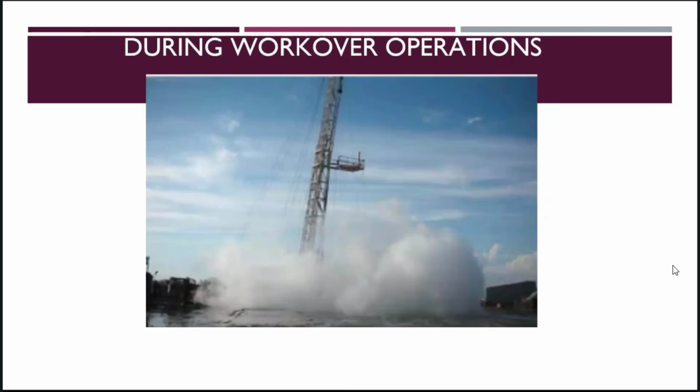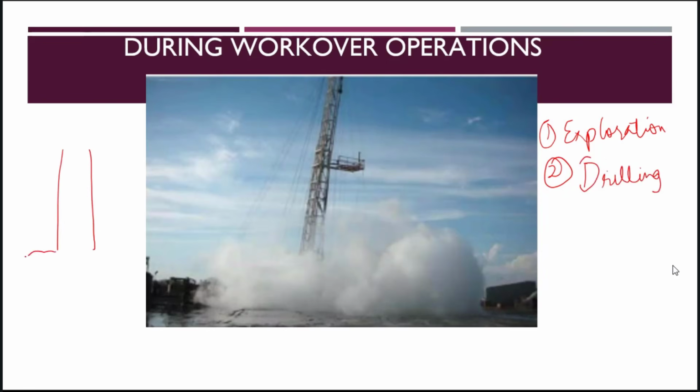Now, what is workover? In the well's life cycle, as we saw, first is exploration. Once you explore, then you do drilling. Once you drill the well and reach the reservoir section, here is your reservoir. All the oil is lying in this section. Now in this well, you will put a production tubing.